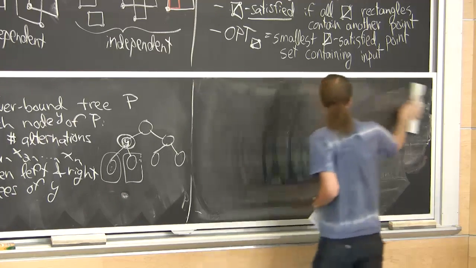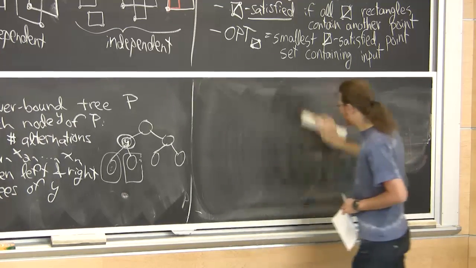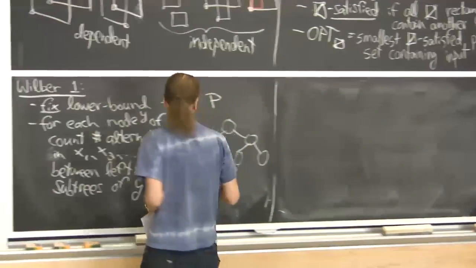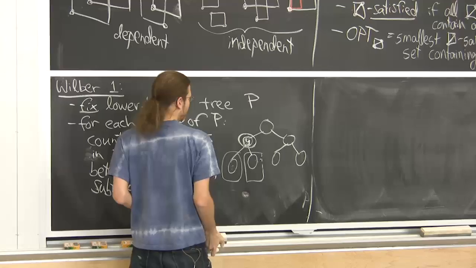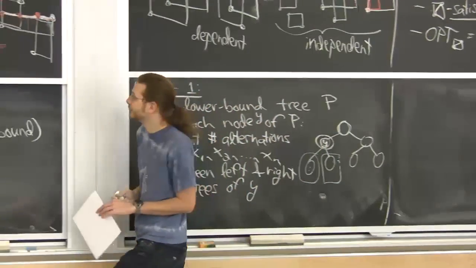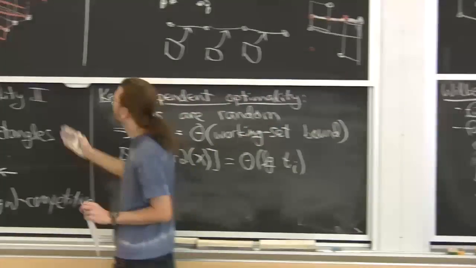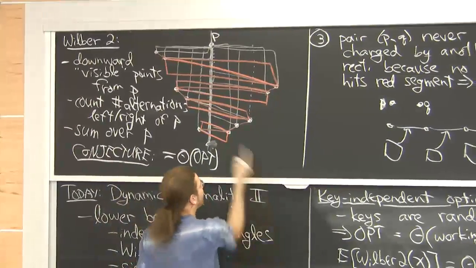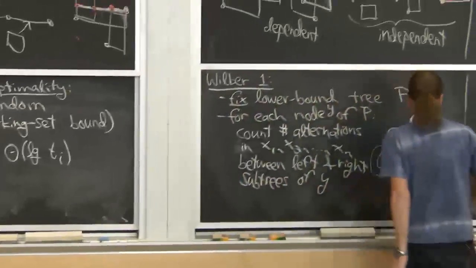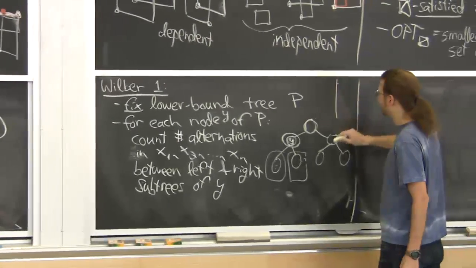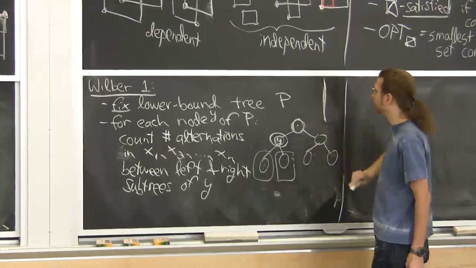It's a lower bound for the same reason. We use the independent rectangle lower bound. And the claim is if you look at these alternations, draw the corresponding rectangles. Over here we had a vertical line which corresponded to the key, and we see how many times we cross the line. Basically the same thing over here, except now there's one big vertical line that corresponds to the root node.